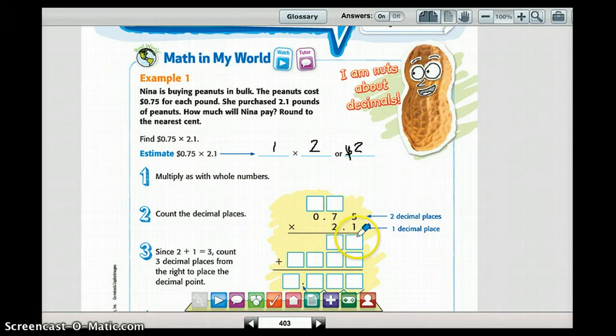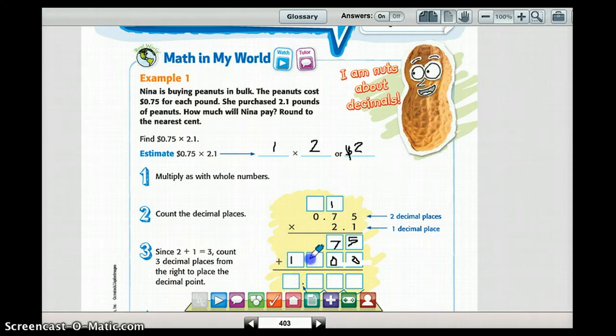So 5 times 1 is 5, sorry. 1 times 7 is 7. Now I have to do my next digit, so I drop a 0 just like you're used to. 2 times 5 is 10, so I put my 0 down, carry my 1. 7 times 2 is 14, plus 1 is 15.